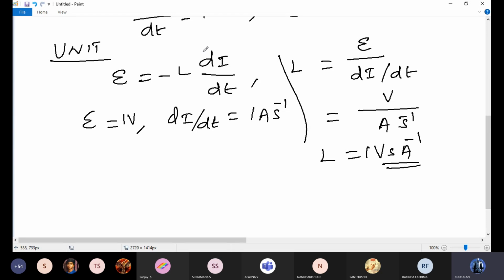Thus you can write like this: V s A power minus 1 is equal to 1 Henry. Please note it.